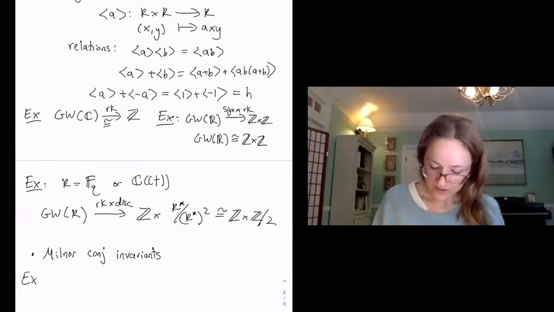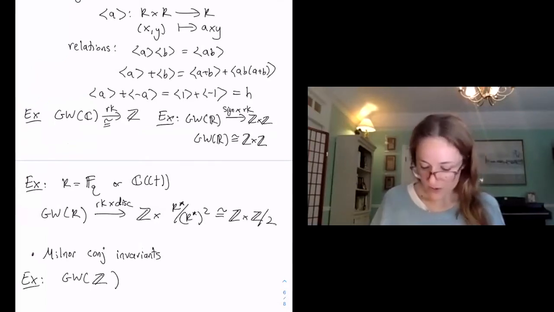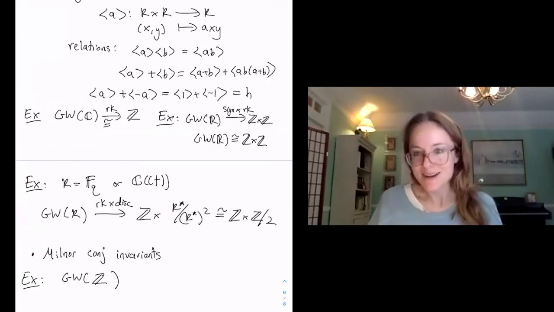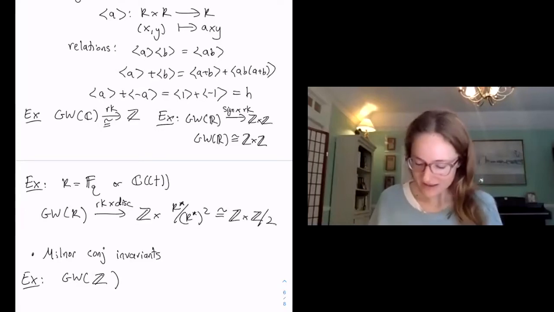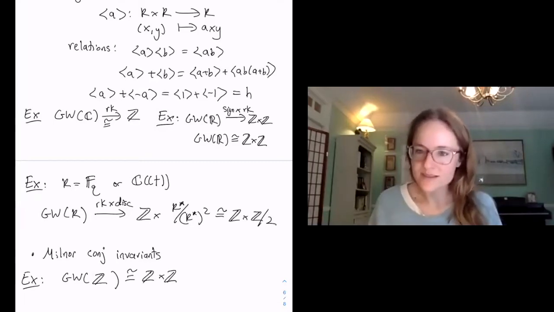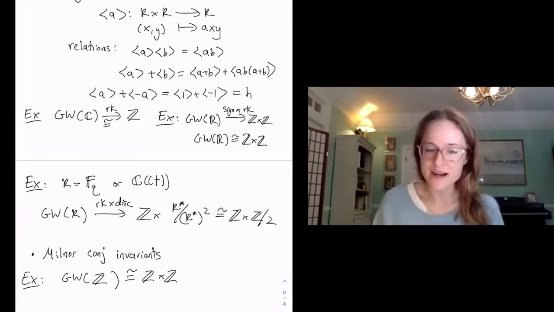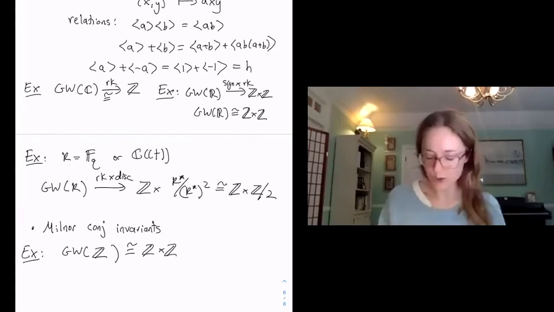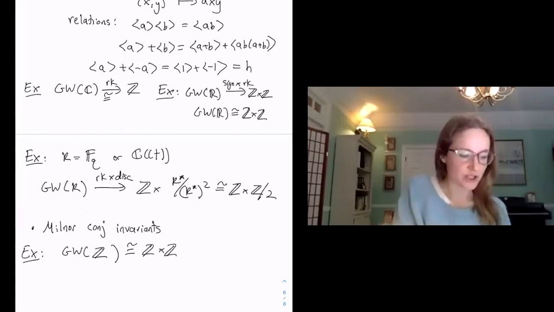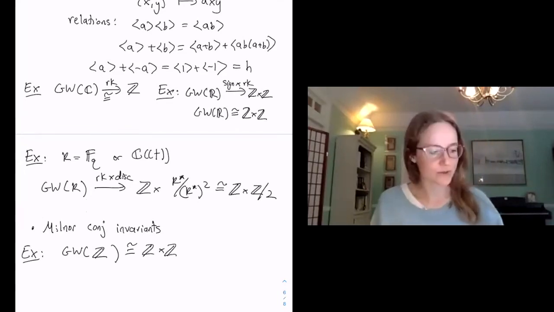So let's also say that for the Grothendieck-Witt group of the integers, although there are many very interesting, highly non-trivial, non-degenerate symmetric bilinear forms over Z, once you group complete, you only get Z cross Z. It's a number of ones and number of minus ones.